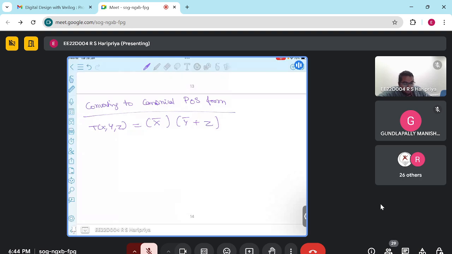So again now, if we observe x complement, we need the product term y, so we will add y complement, and z is also required. And in this product term we need x, so x complement. Now we have to apply the distribution theorem.